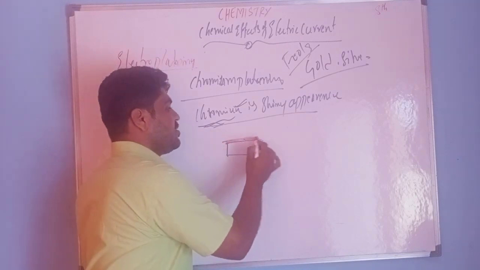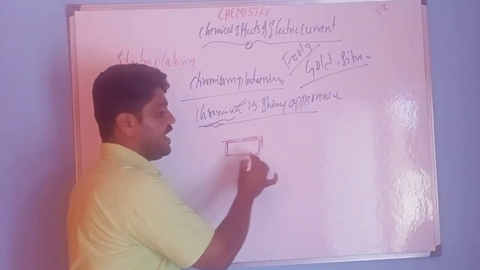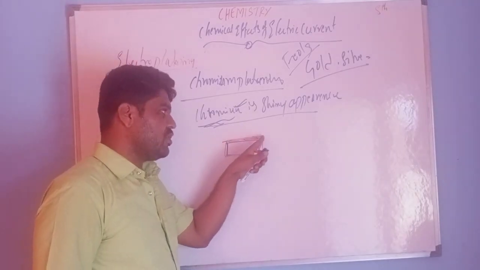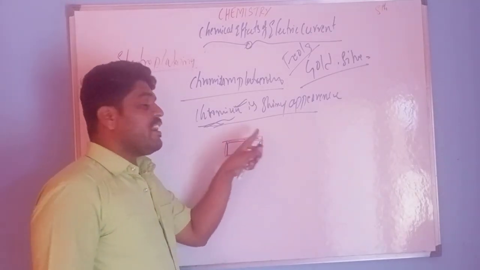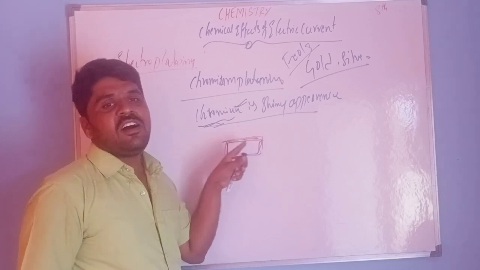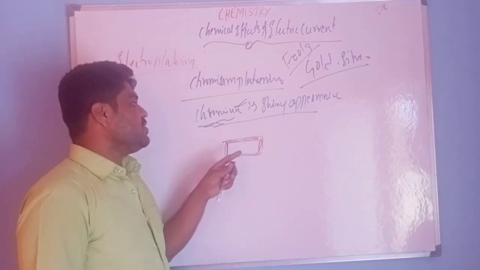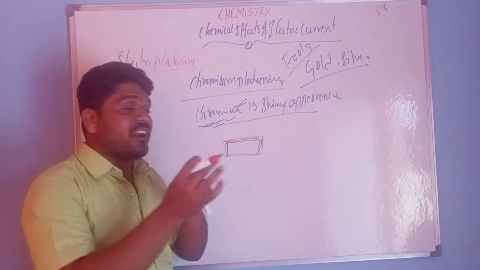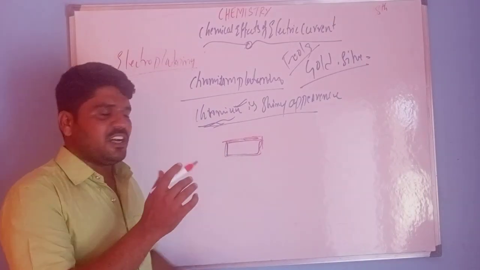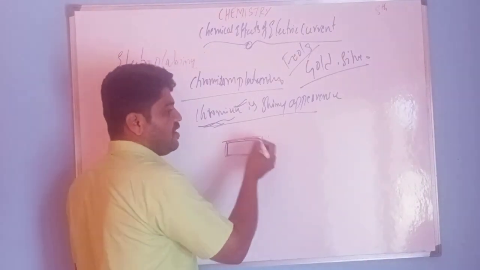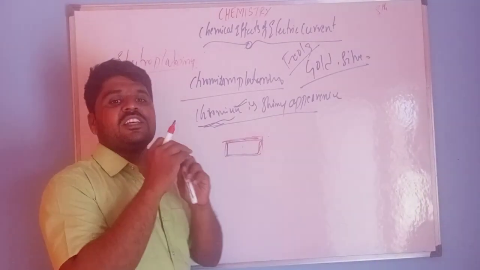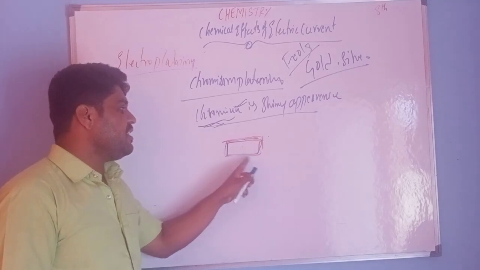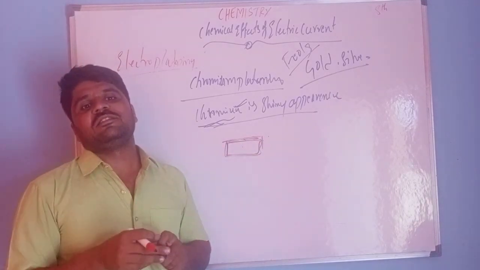Tin is coated on the surface of iron, so this tin resists the corrosion of the iron. The iron and the food items cannot react with each other, because when iron reacts with food items, they will be spoiled. So to prevent this, we use tin-coated cans.